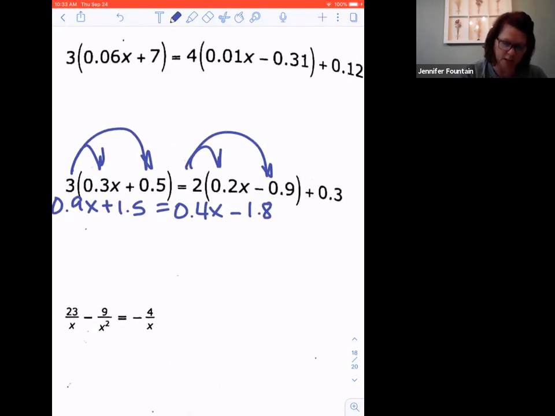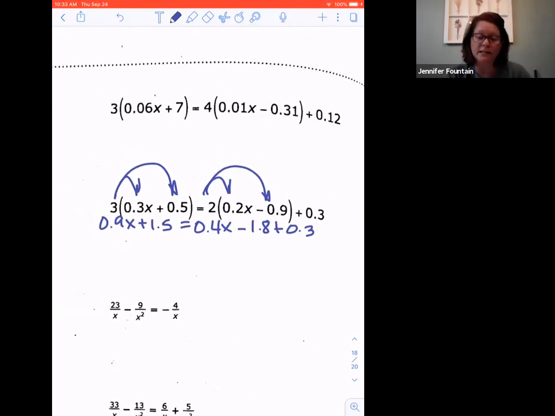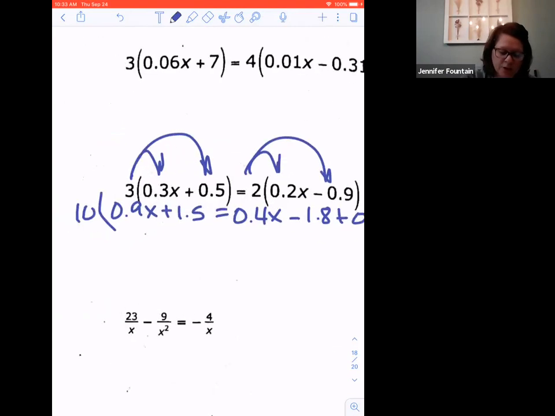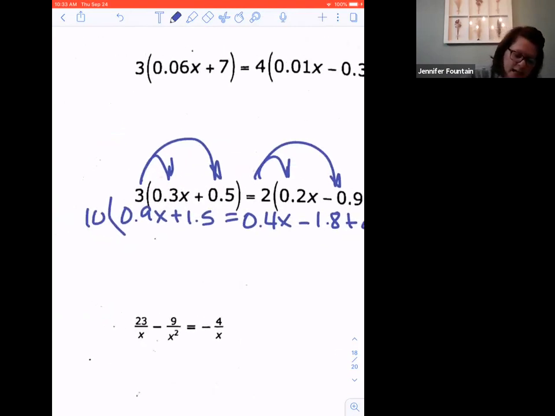And then we have plus 0.3. Now I only have one decimal point as my largest, so I'm going to multiply everything by 10. Multiplying by 10 moves the decimal one place for every term. So 0.9x becomes 9x, plus 15 equals 4x.